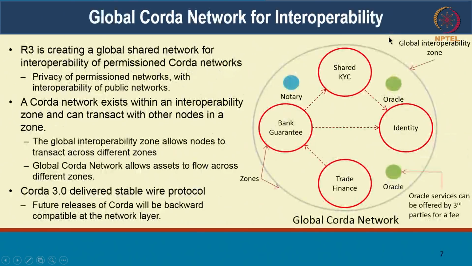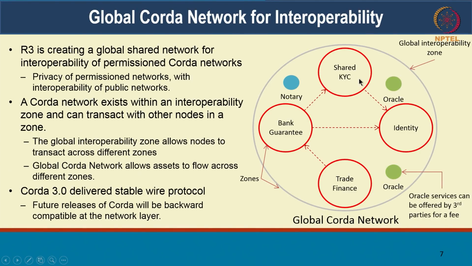Apart from just a private permissioned network, R3 or the Corda community envisions really a network of networks to evolve. So there could be, for instance, a network of entities working on a shared KYC application. There could be another network of entities working on bank guarantees, another network for trade finance, and so on.